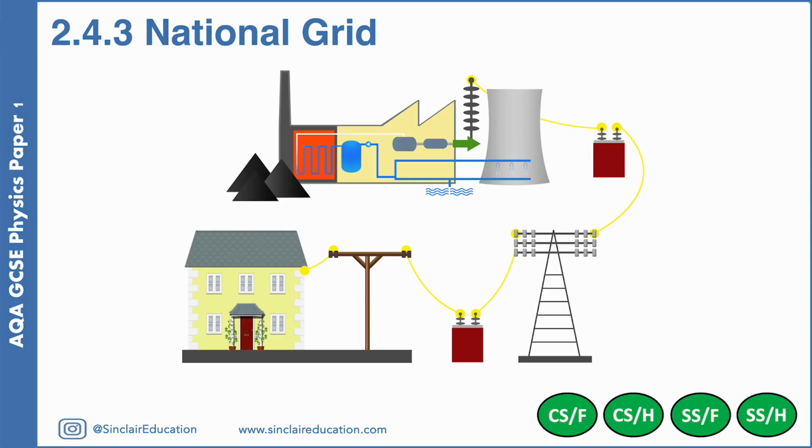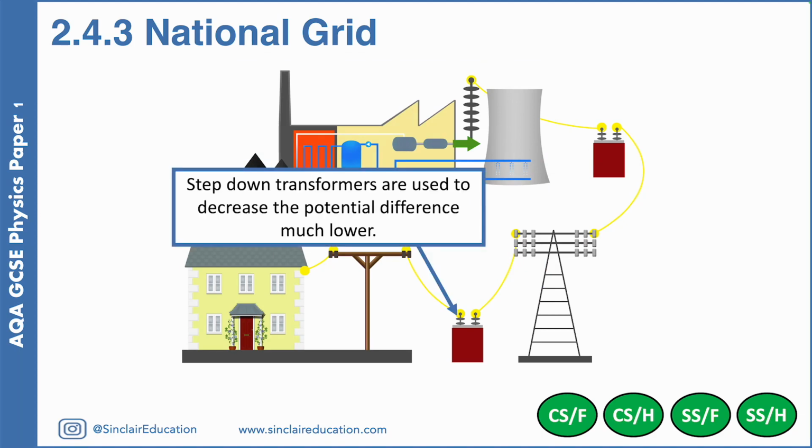Another alternative 2 marker is you might be asked why we have step-down transformers in the national grid. These are usually quite close to our homes. For 1 mark, the step-down transformer decreases the potential difference. For the 2nd mark, it's the idea that this is done for safety.